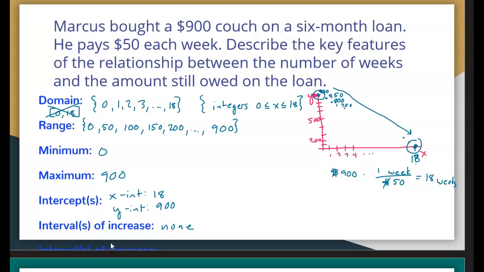Where was the interval of decrease? We said the interval of decrease is the whole function. Or since it's defined on 0 to 18, we could also say the interval of decrease is from 0 to 18. So those are the key features of this function from a story.